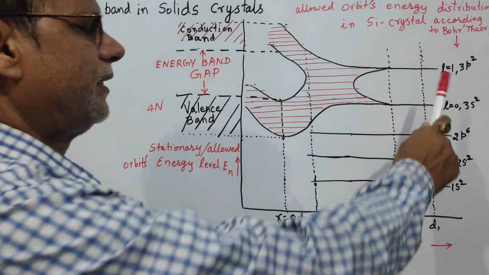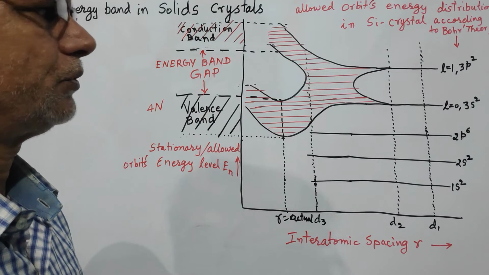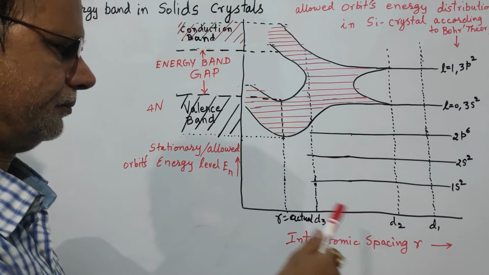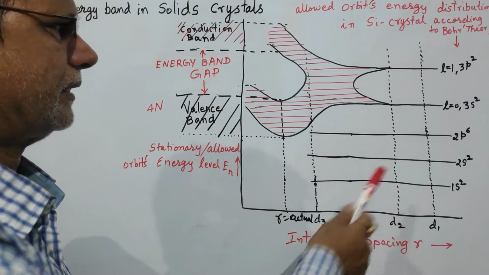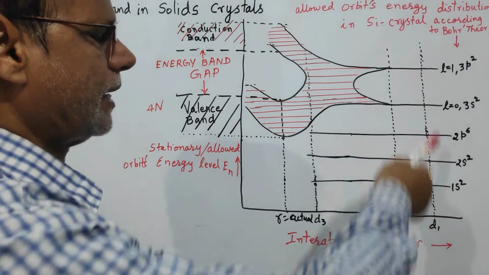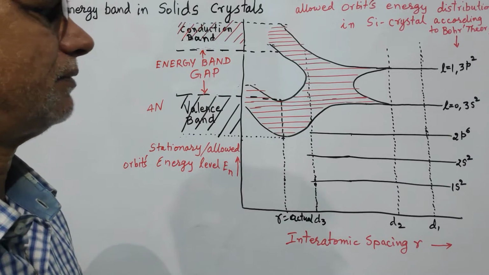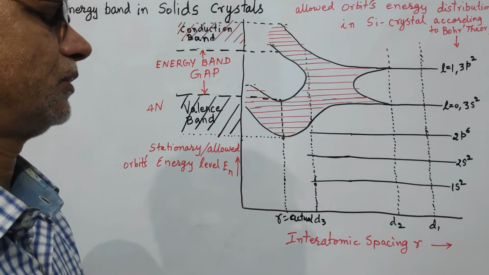They have a definite allowed energy level corresponding to the allowed orbit, and when we imagine a situation that there is a large gap, this type of energy distribution in the orbital energy levels is in accordance with Bohr's theory.